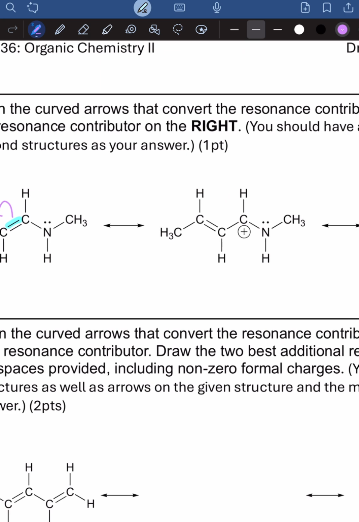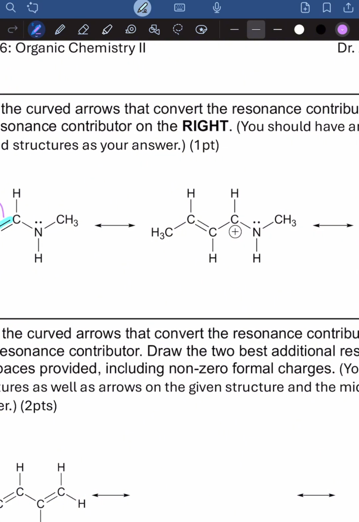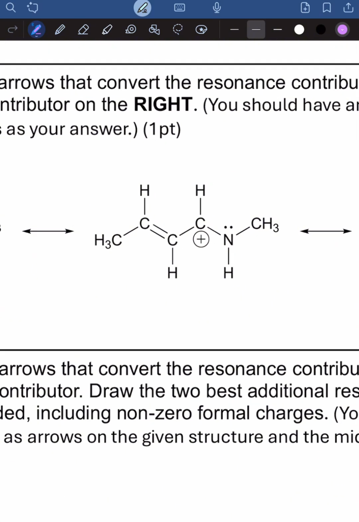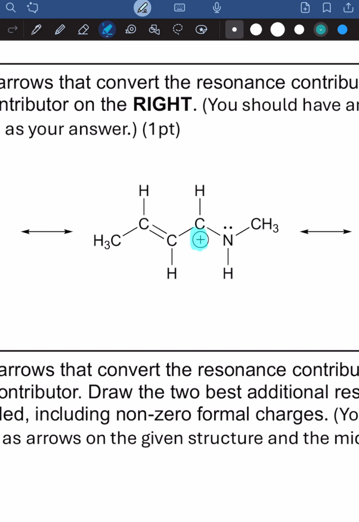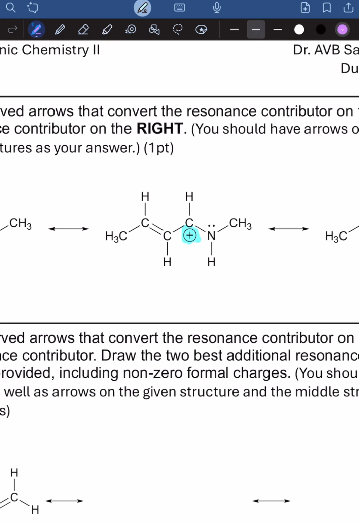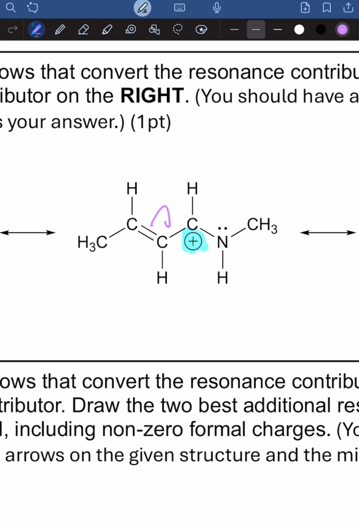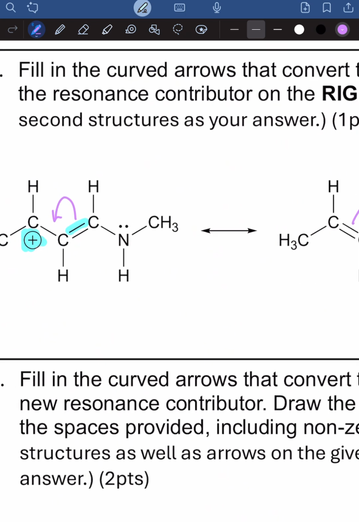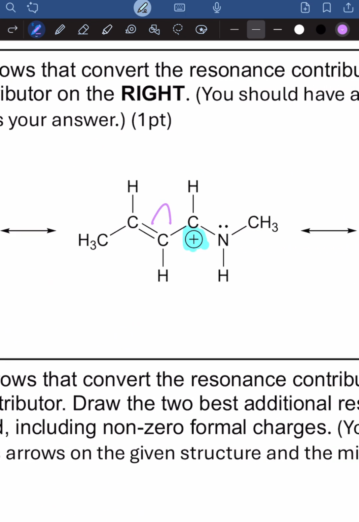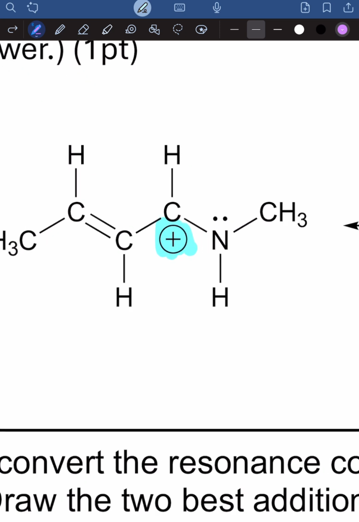So now we're given the second structure, and same thing, look at the charge, and let's work around that. We could swing this electron back, but that will just bring us back to the first structure. That doesn't really make sense. So the next place to go is to look at this nitrogen, and it has a lone pair of electrons, and then those can swing over.